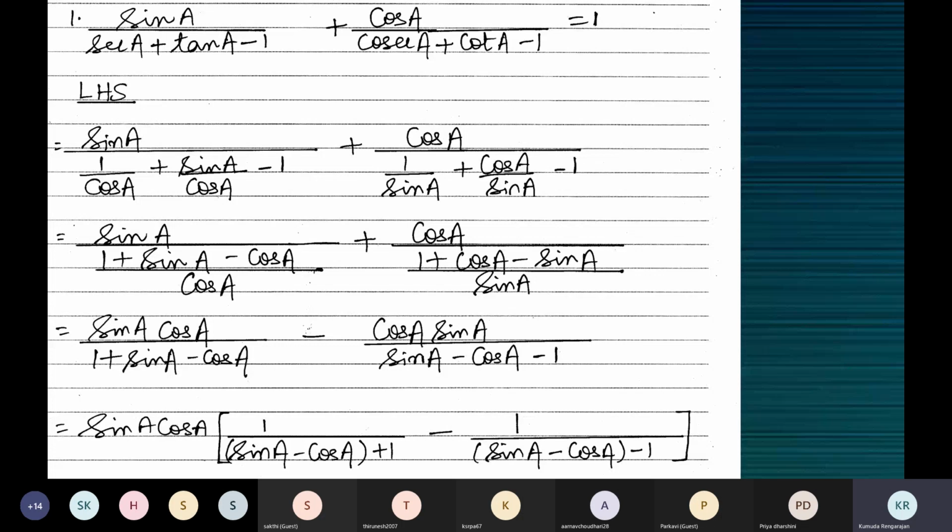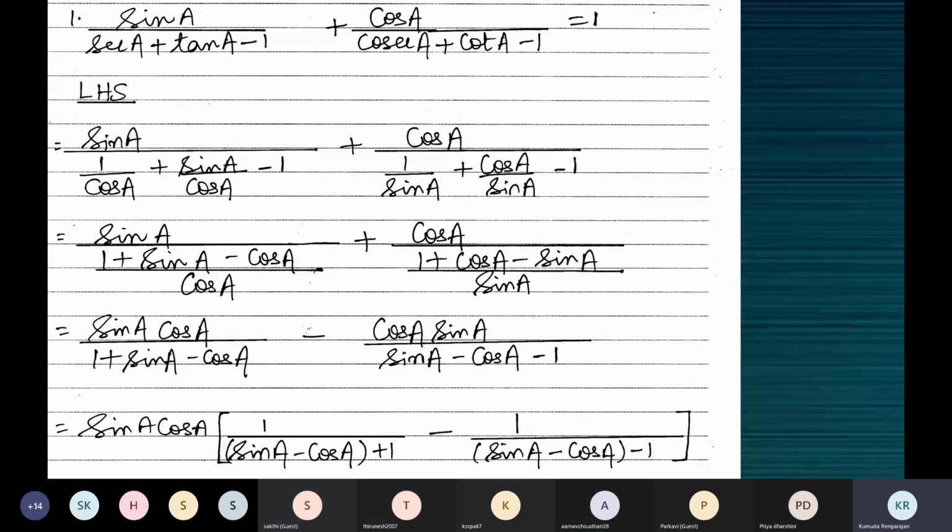What will be the next step? What is A plus B into A minus B? A square minus B square.